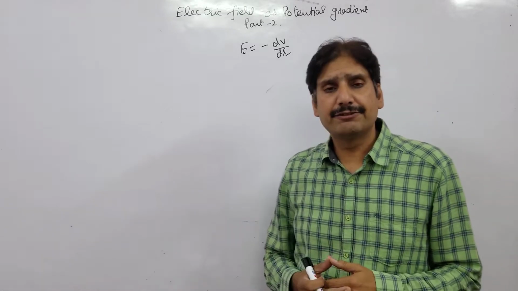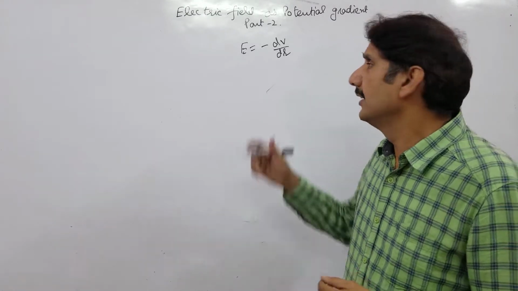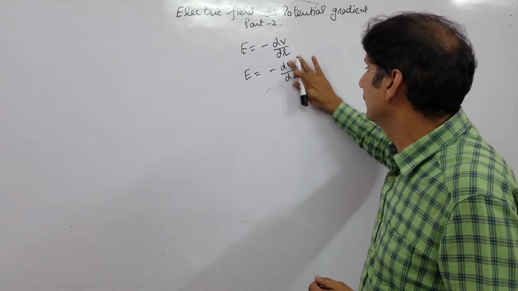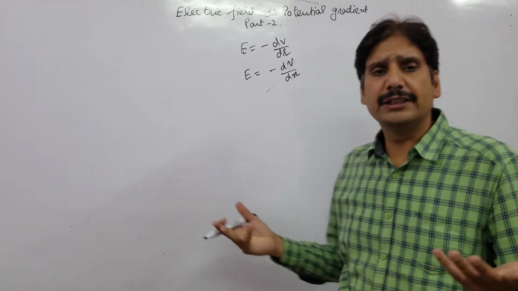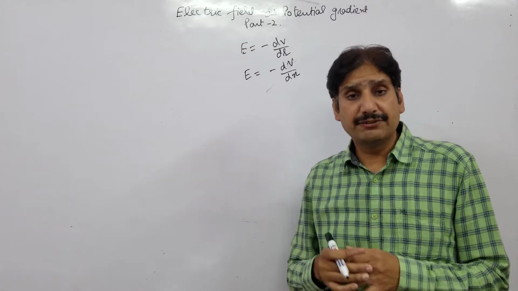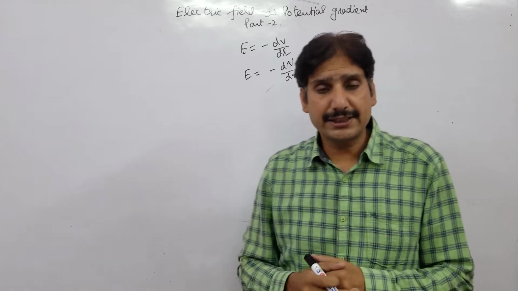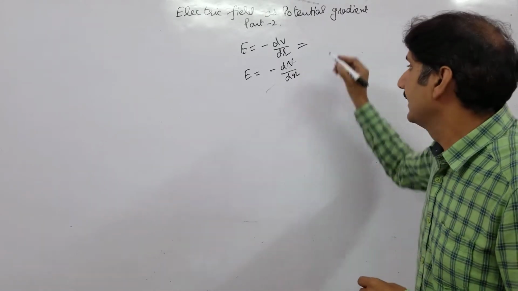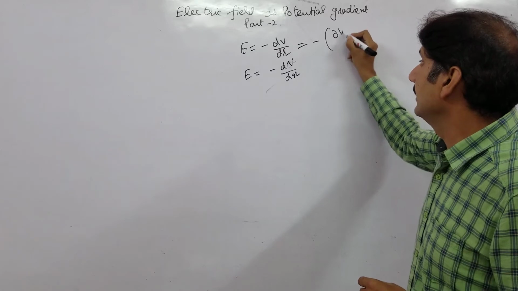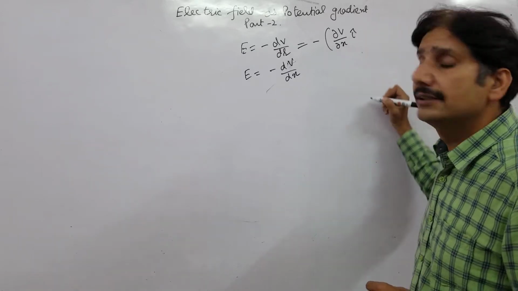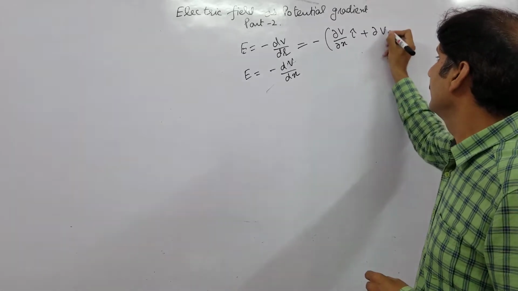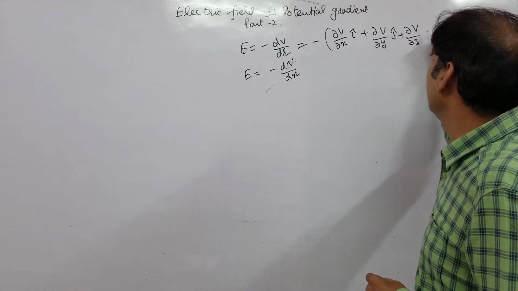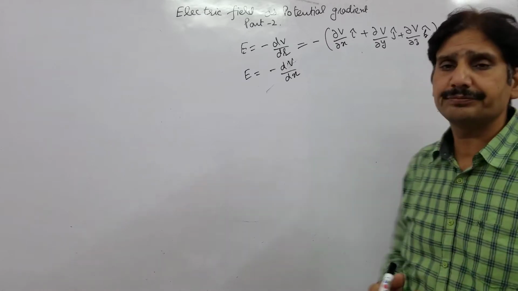Normally, if one-dimensional electric field is given, you can very well change it as dV by dx or dy or dz. If the electric field is in multiple directions, then it will change something like this as minus curly v by curly x along x-axis, curly v by curly y along j-axis, and curly v by curly z along k-axis.